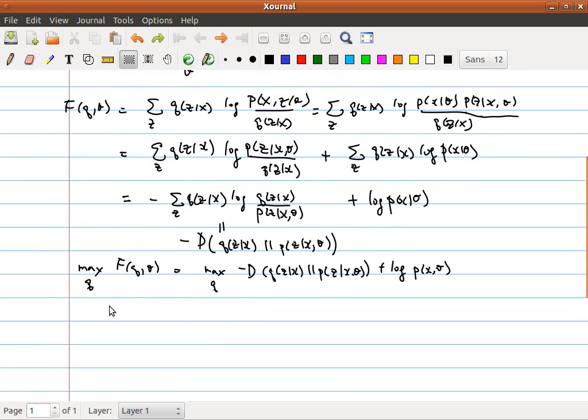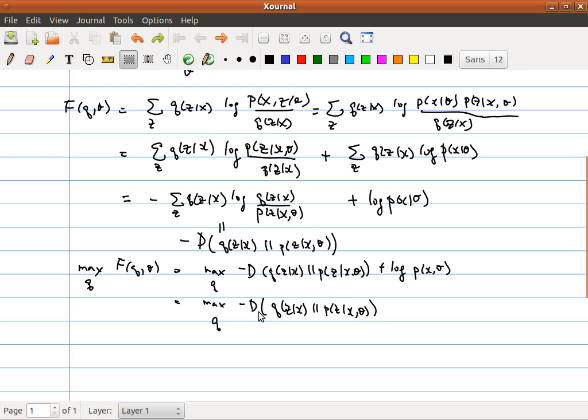So maximizing F(Q, θ) is equal to maximizing this expression here. If I try to maximize over Q, the second term doesn't depend on Q, so it's just a constant and I can ignore it. The first term is maximized only when Q is equal to P, because D is the KL divergence, and as we've shown in previous videos, D has to be bigger than or equal to 0.